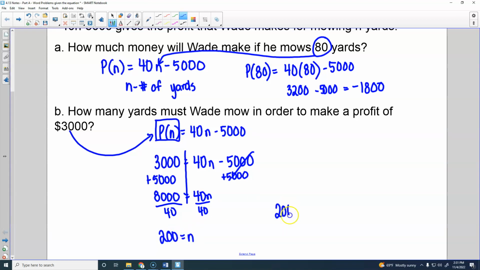So 200 yards. So if he could get 200 yards, he would make a profit of $3,000. That might not mean he's got 200 yards. It might mean that he's got 20 yards and he mows them 10 times during the summer or something like that. That's probably what it means.